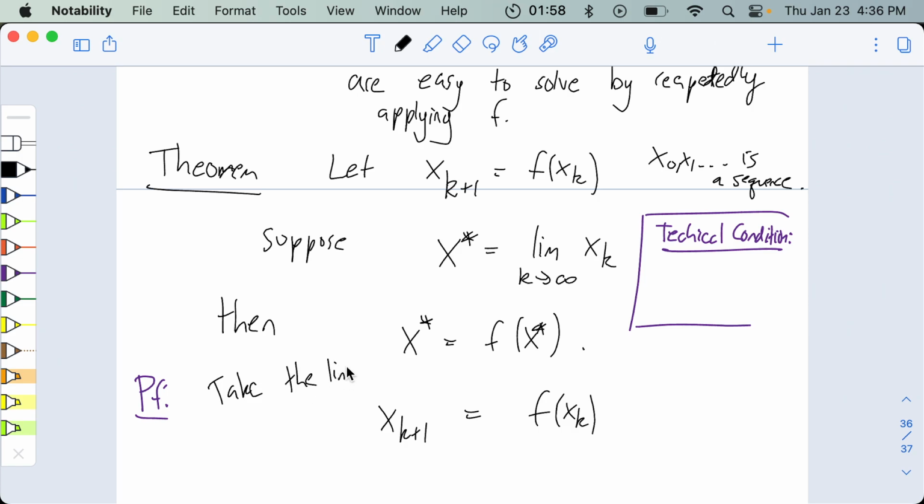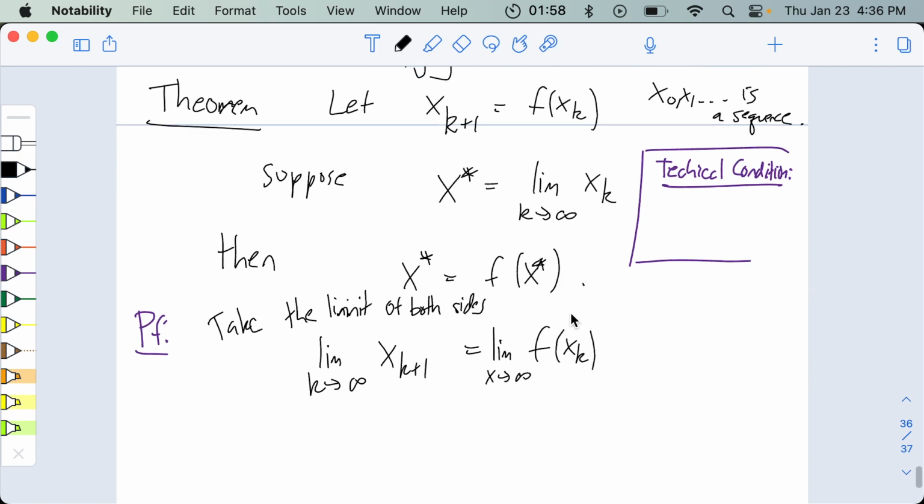Take the limit of both sides. On the left-hand side, it's the limit as k goes to infinity of x_{k+1}. On the right-hand side, it's the limit as k goes to infinity of f of x_k. The left has a k plus 1, but if k is getting bigger and bigger to infinity, that's still x star. So the left-hand side equals x star.